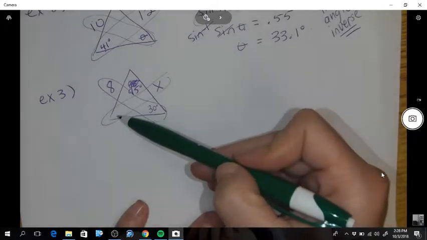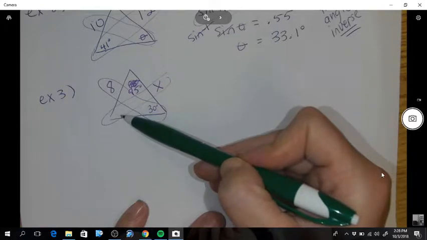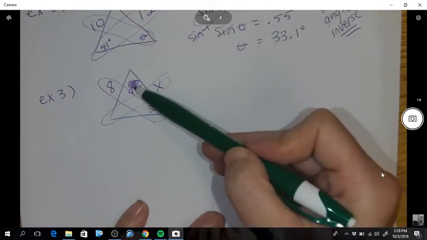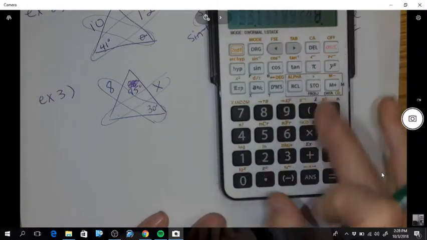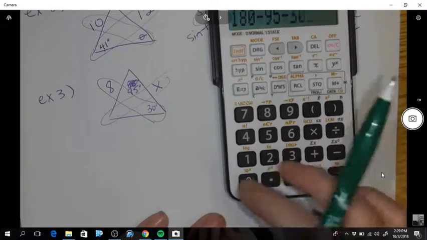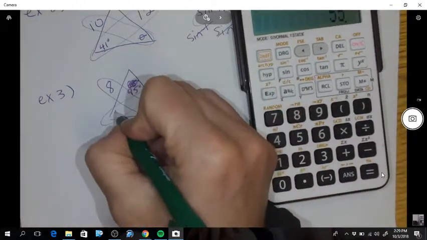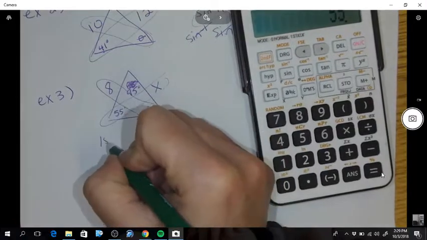But here's the thing. You actually know that angle. Because what do you know about triangles? All three angles add up to 180. Okay, so we got 180, take away our 95, take away 30. So that angle is 55.